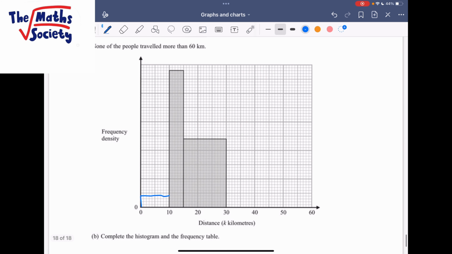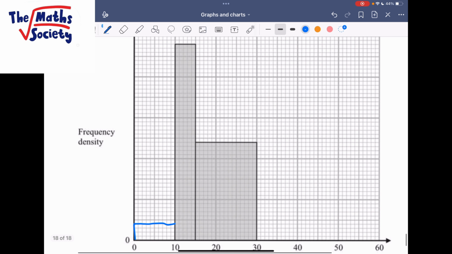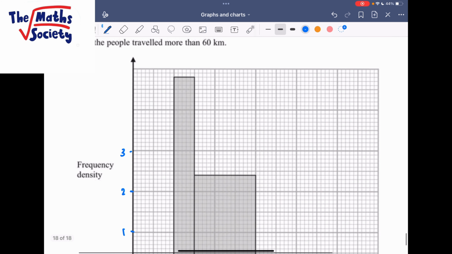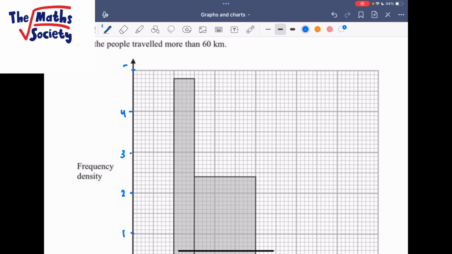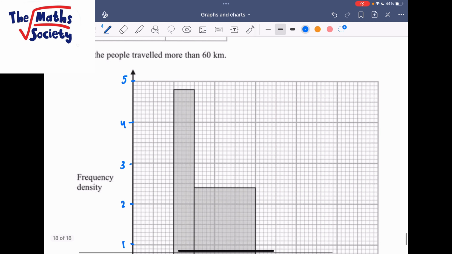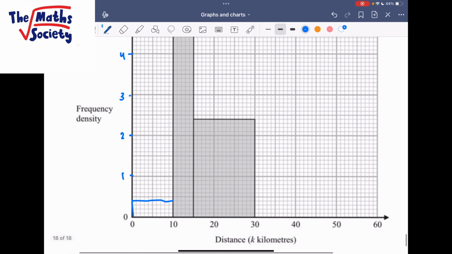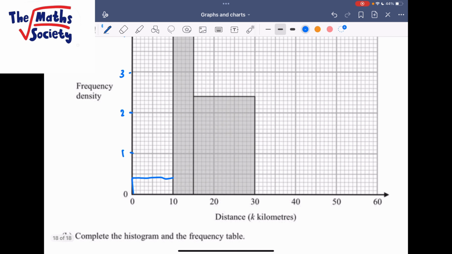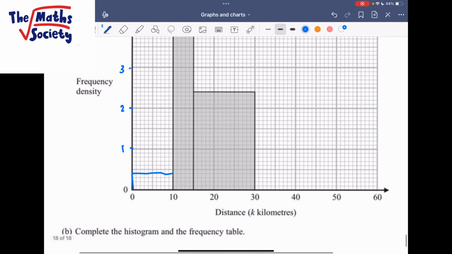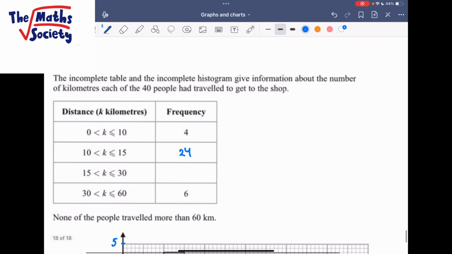And for 10 to 15, we don't know the frequency, but we know that the frequency density here, based on what we've drawn, is going to be 4.8. So that's multiplied with 5, so that's going to end up with 24. And 15 to 30 as well, they've given you 2.4. That's 2.4 multiply 15 to 30, so 15.